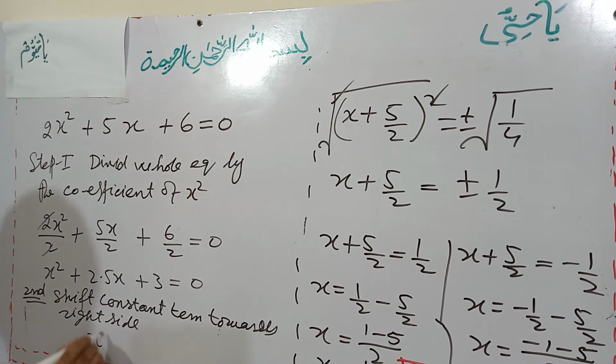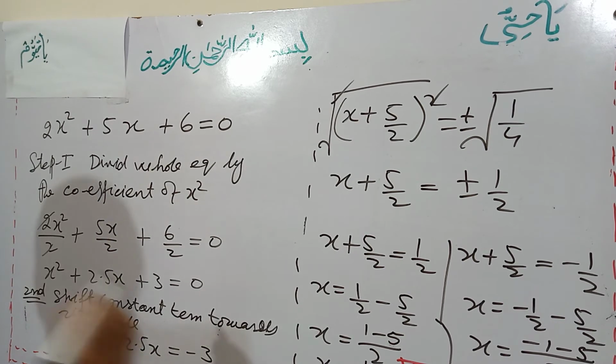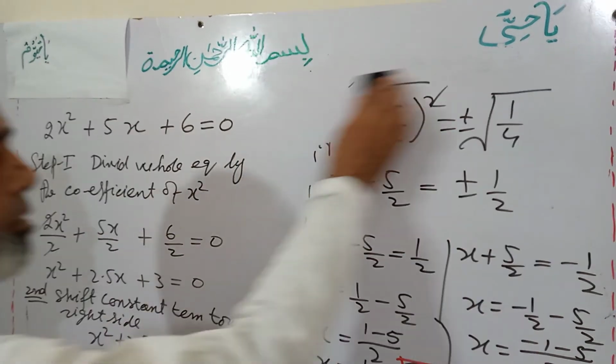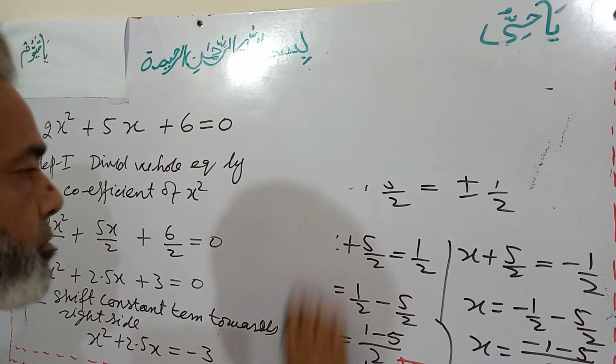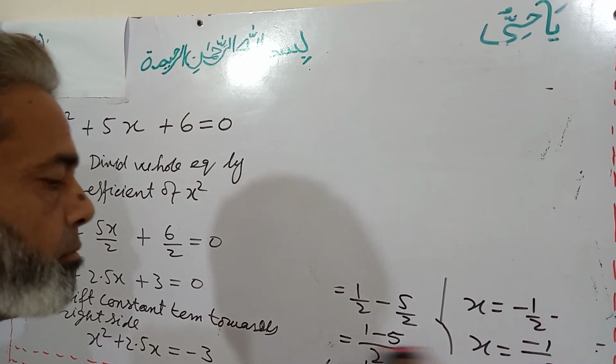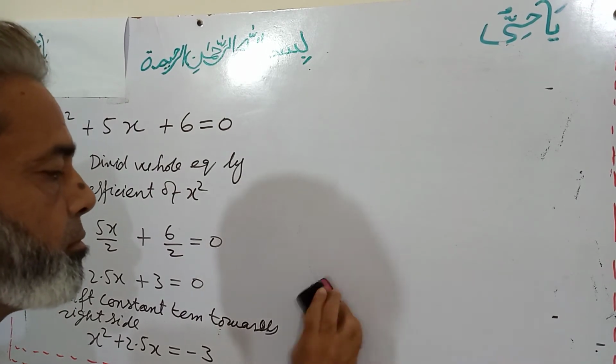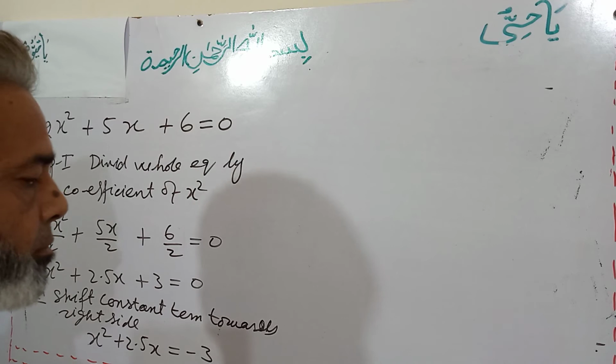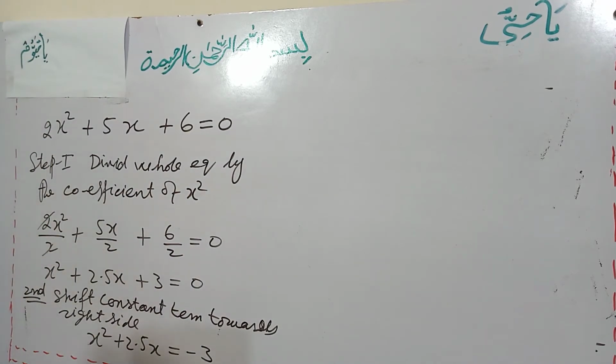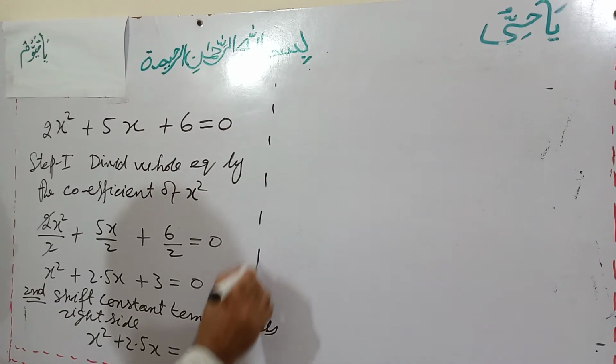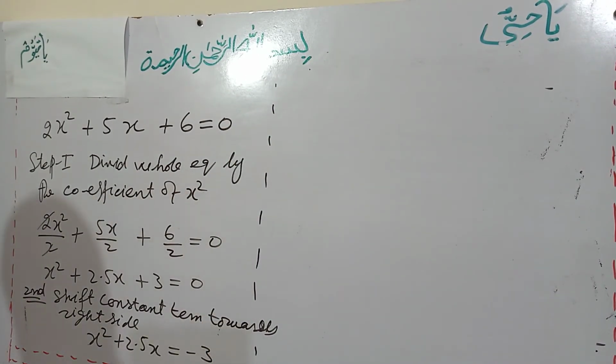So x² + 2.5x = -3. This is your second step, mind it. Using these steps you can solve any quadratic equation with the help of the completing square method.